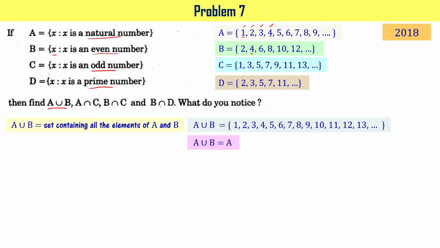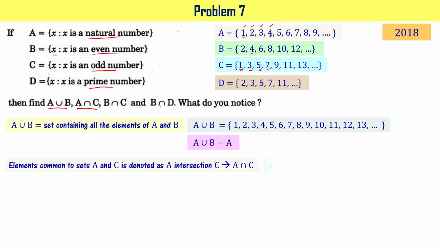Right? Now let's find A intersection C, that is second part. Elements common to sets A and C is denoted as A intersection C, right? It means we have to find the elements which are common to set A and set C. 1 is common to both the sets, 3 is common to both the sets, 5, 7, right?